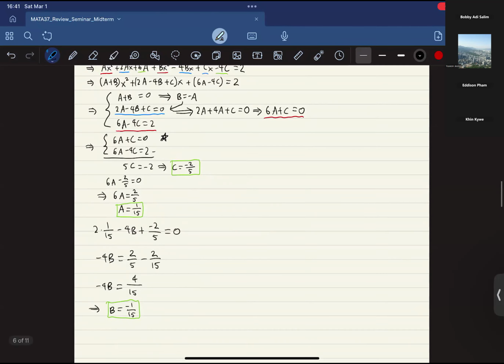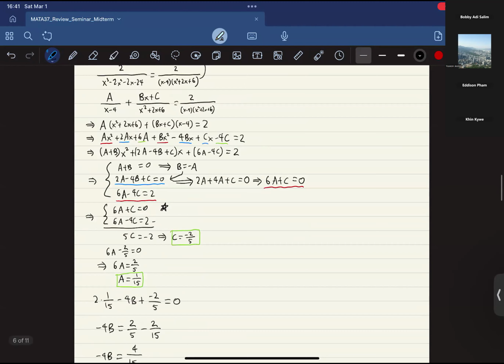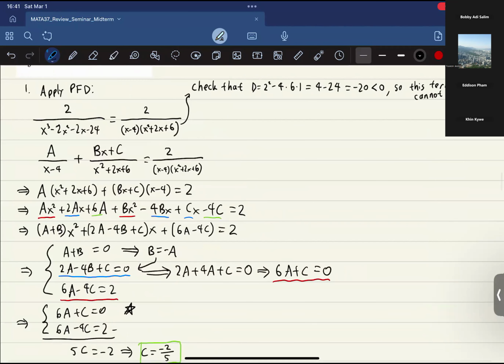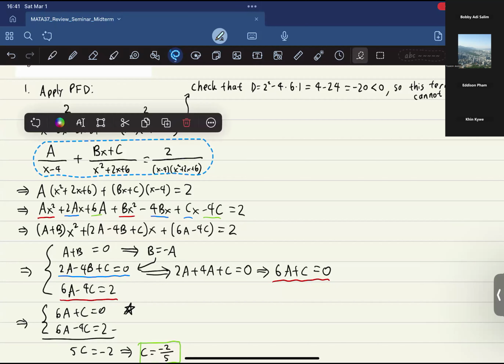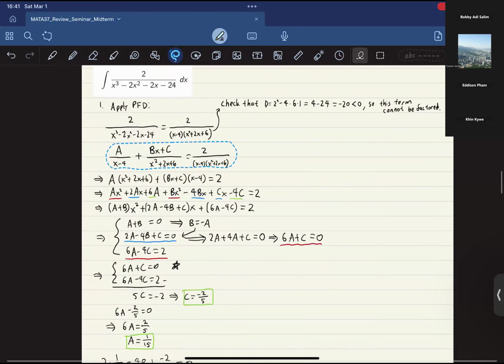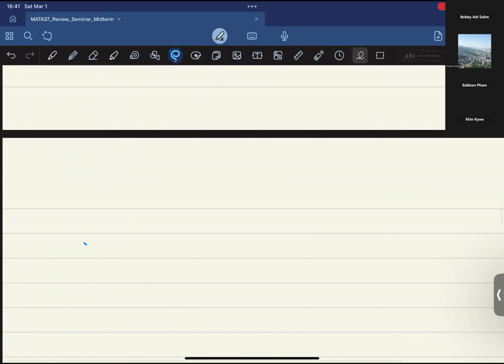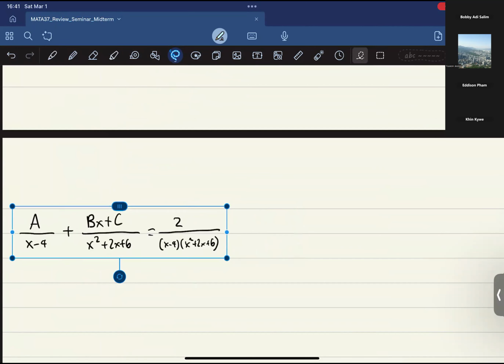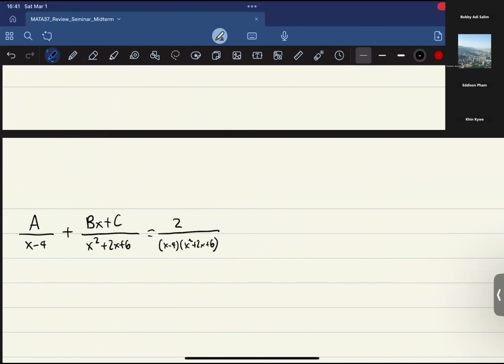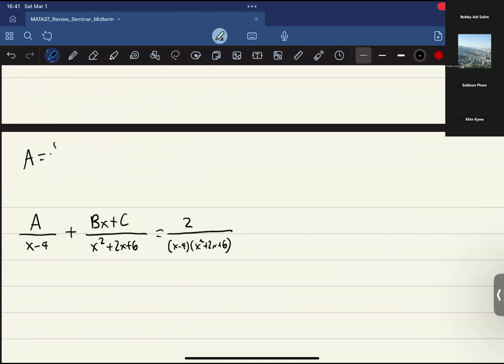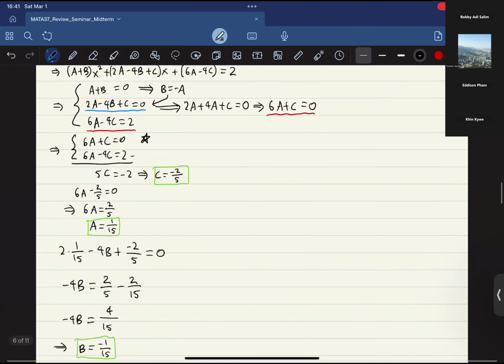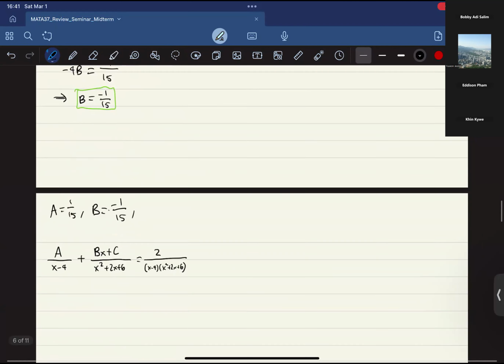So now that we have our values of A, B, and C, we can plug this into this equation right here. We had A equals 1/15, B equals -1/15, and C equals -2/5.